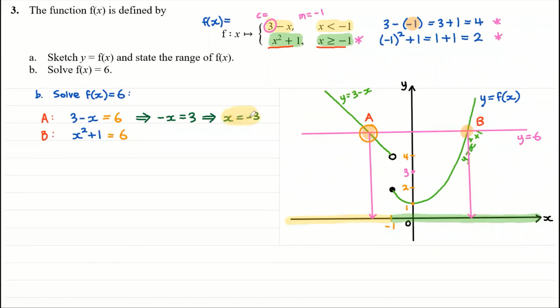So we've got that one. That's our first solution. And for the second solution, we have to solve a quadratic. Now, please take care with this, and you'll see why in a second. So to solve the second one, we're going to have x squared equal to 5. Now, if you know about solving quadratics, if we take the square root, we have two possible answers. So therefore, x is equal to the square root of 5, or x is equal to the negative square root of 5.